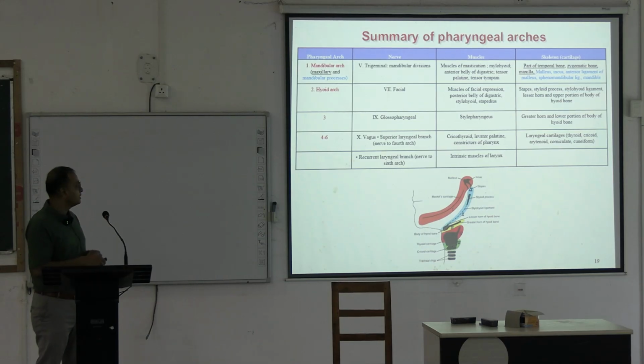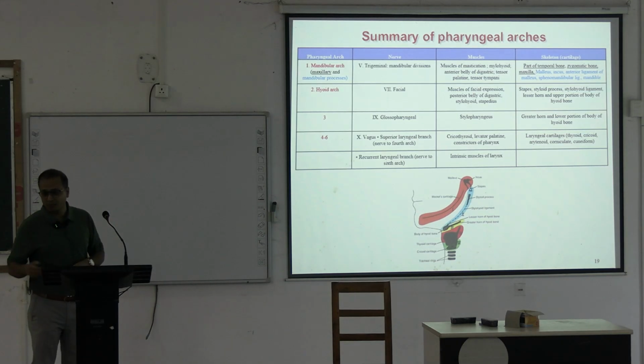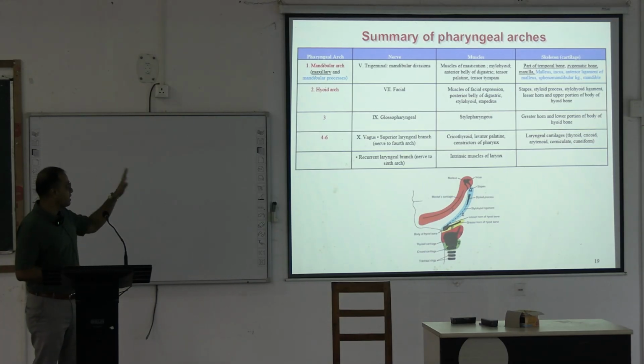Second one, the facial arch. This is also an important thing regarding pharyngeal arch fate: the muscles of facial expression, supplied by the facial nerve, are derived from this part. Along with that, the digastric bellies: the posterior one is supplied by the facial nerve, whereas the anterior one is supplied by the trigeminal division.